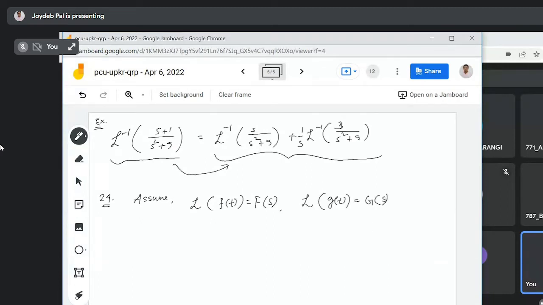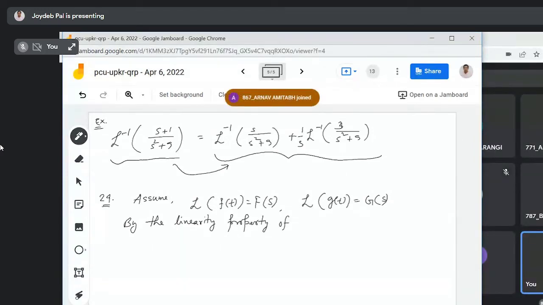Next, by the linearity property of Laplace transform, what can we write?